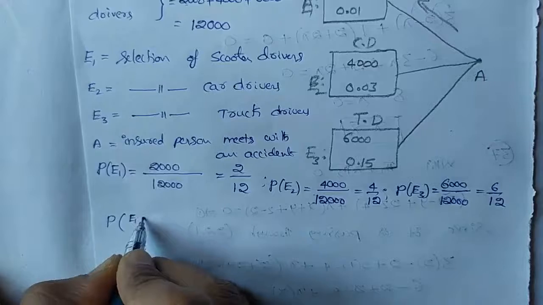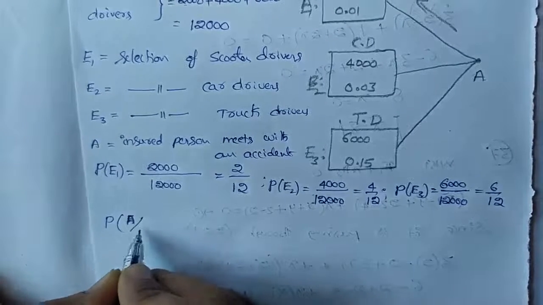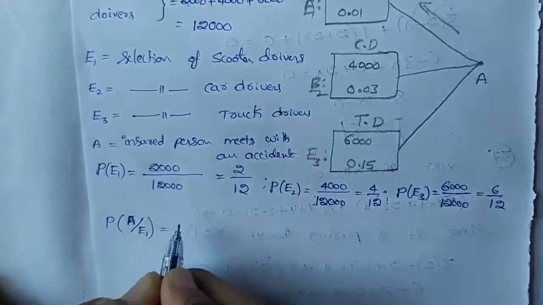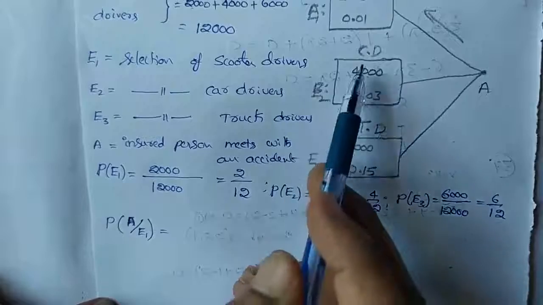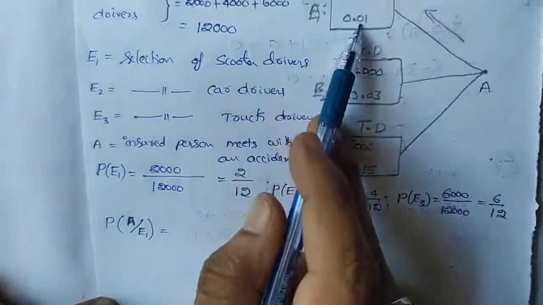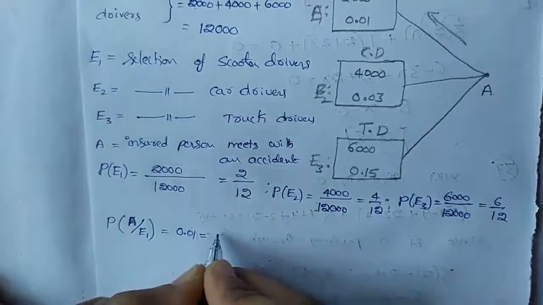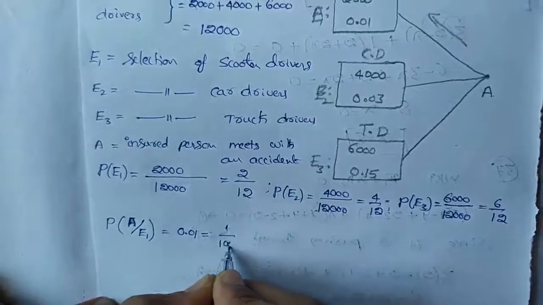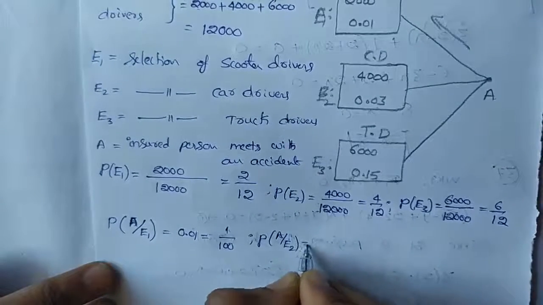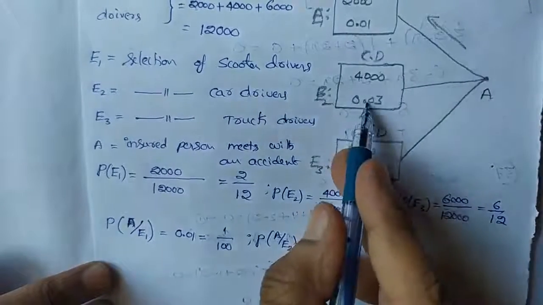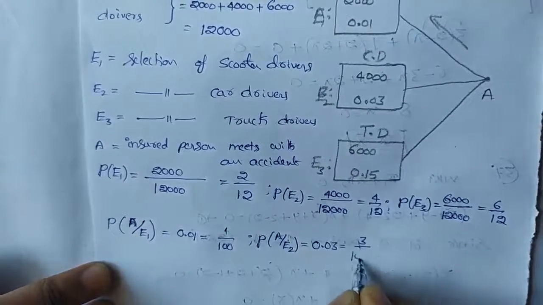Next, let us find out the probabilities. P of A by E1 equals to, the probability of insured person meets with an accident with a scooter driver is 0.01. Let us write this in P by Q form, 1 by 100. Next, P of A by E2 is 0.03, equals to 3 by 100.